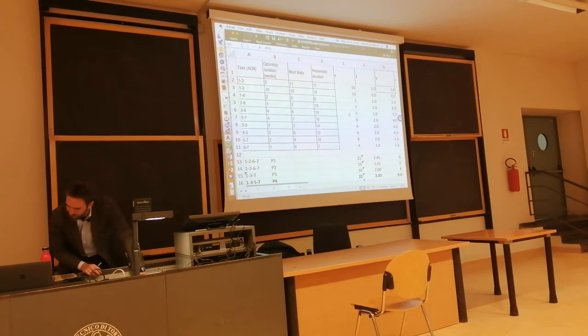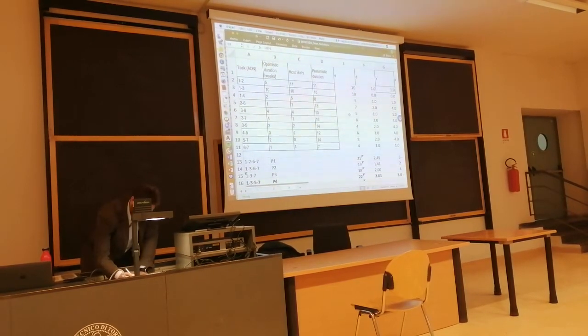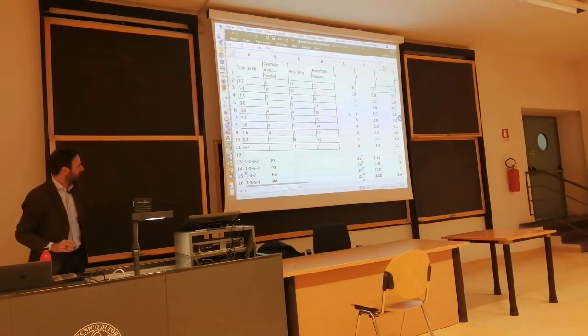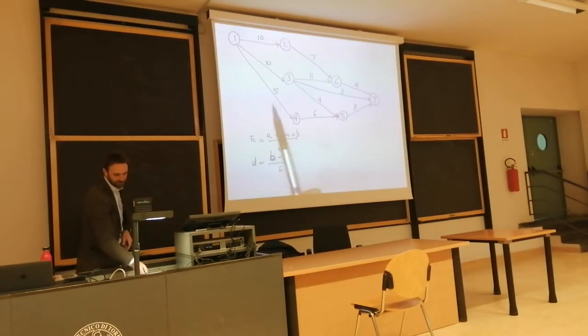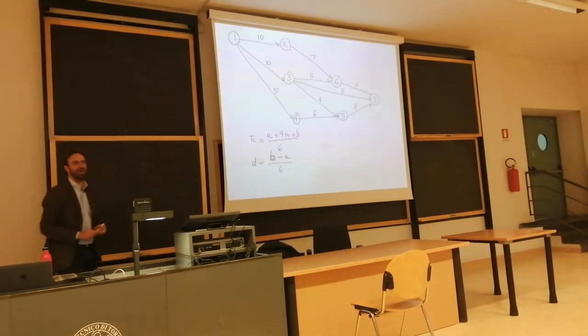And 6 to 7 equals 4. I just plotted down the expected durations of all tasks.